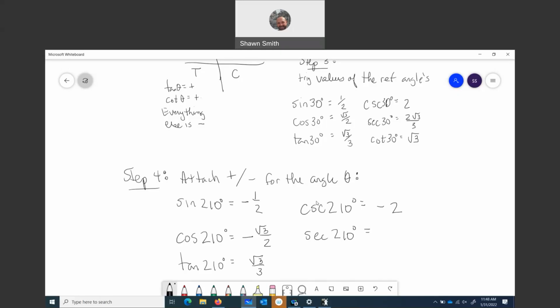Secant 210 is negative 2 square roots of 3 over 3. And lastly, cotangent now will be positive square root of 3. That's simple. Just figure out what the reference angle is and then go off of that. Just know what quadrant your original angle is and attach your correct signs.